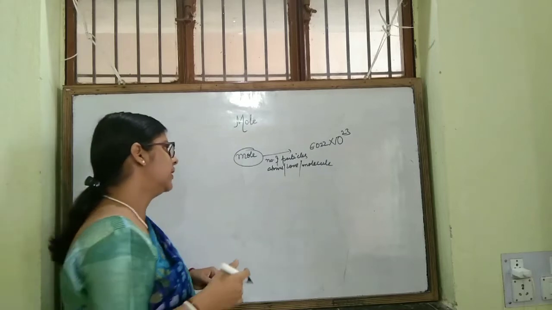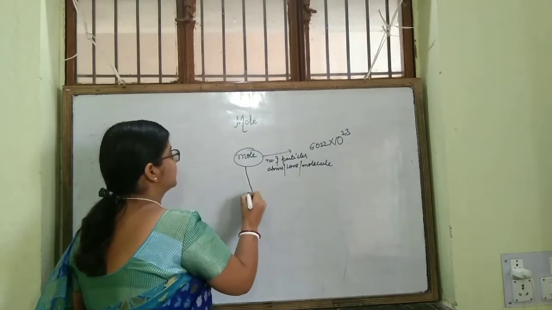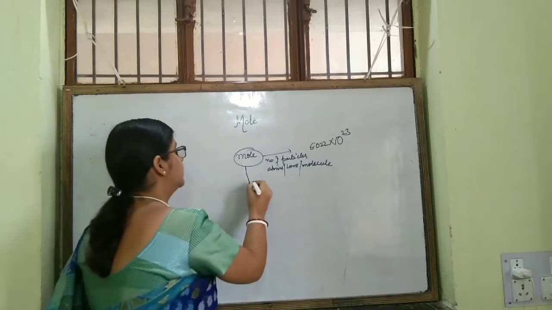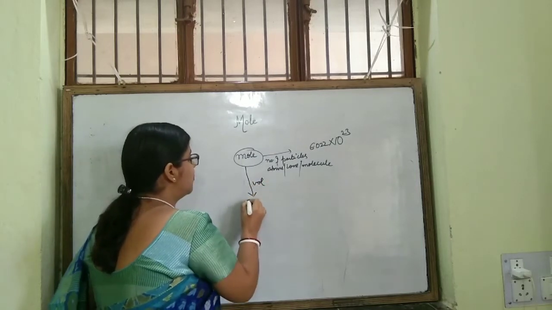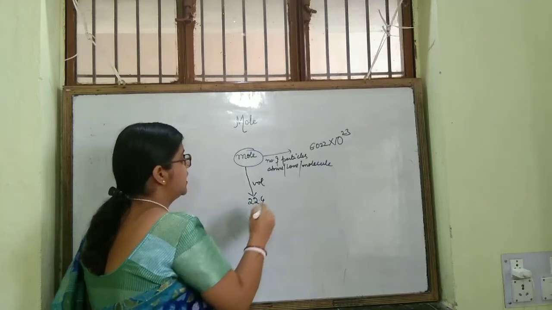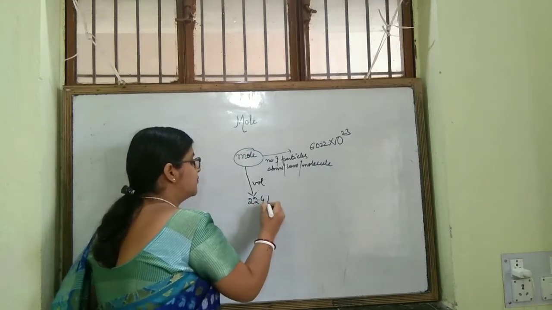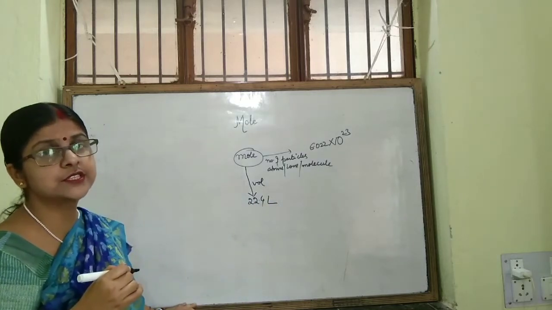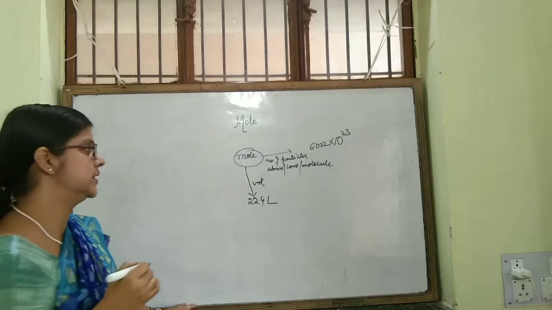Now, if we express mole in terms of volume, then 1 mole of any gas at NDP has 22.4 liter volume. How much volume does it have? 22.4 liter.